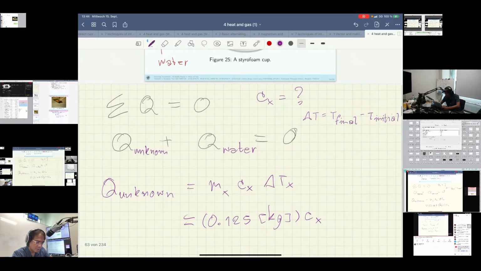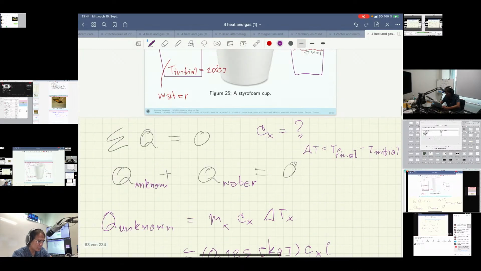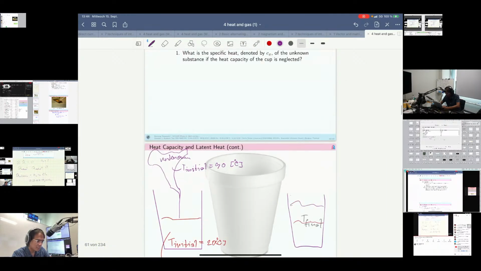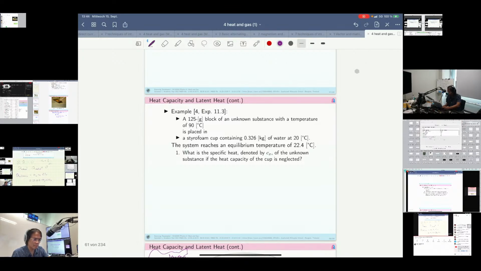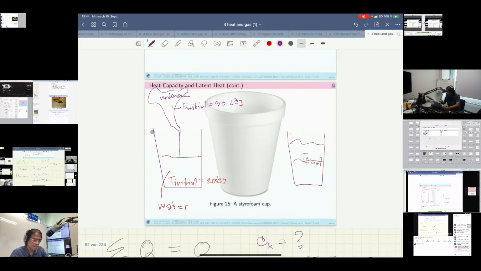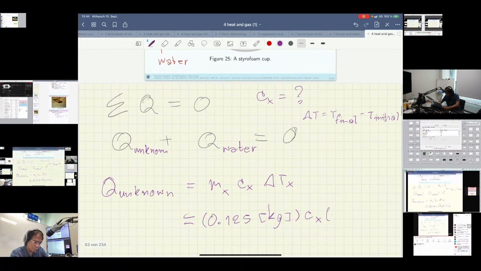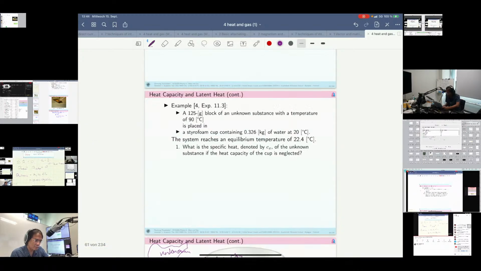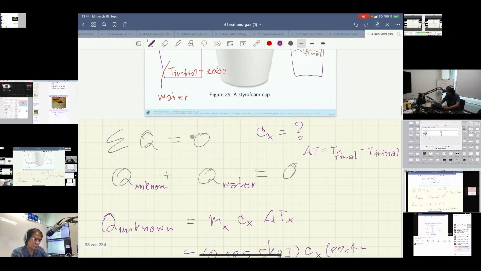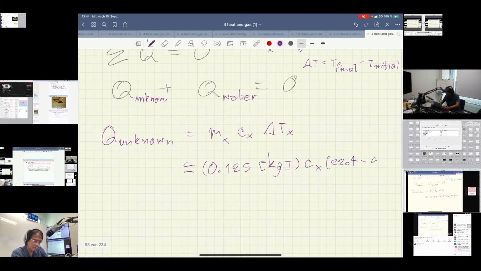The final temperature, which is what they say, is 22.4, the equilibrium temperature. So 22.4 minus the initial temperature of that unknown substance. It starts from 90 degrees Celsius. So let's say it's 90, right? And that's it. Leave it like that first.